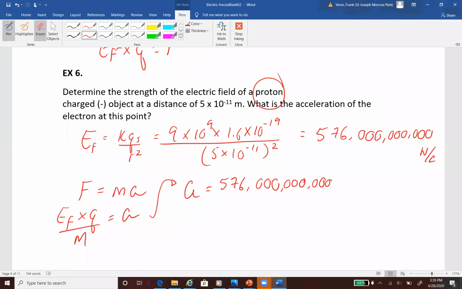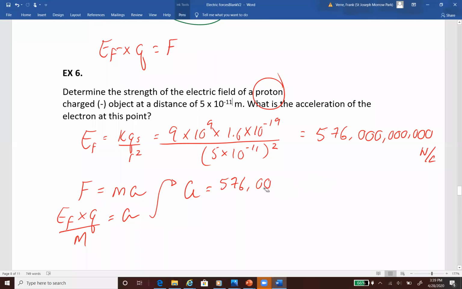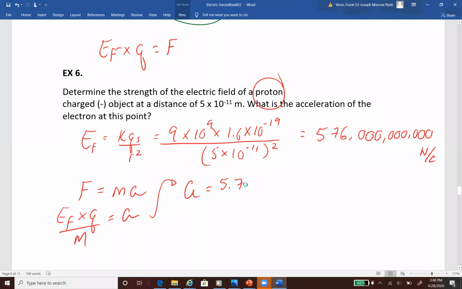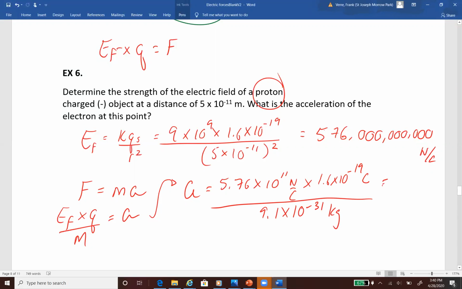Let's put in exponents. 5.76 times 10 to the 11 newtons per coulomb, times the charge of the electron, which is 1.6 times 10 to the negative 19 coulombs, over the mass of the electron, which is about 9.1 times 10 to the negative 31 kilograms.